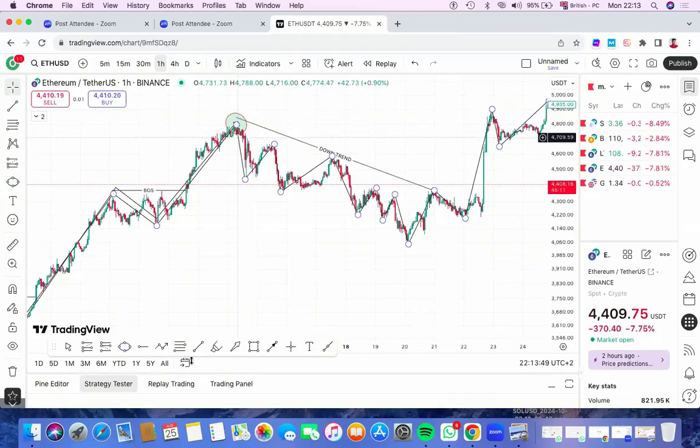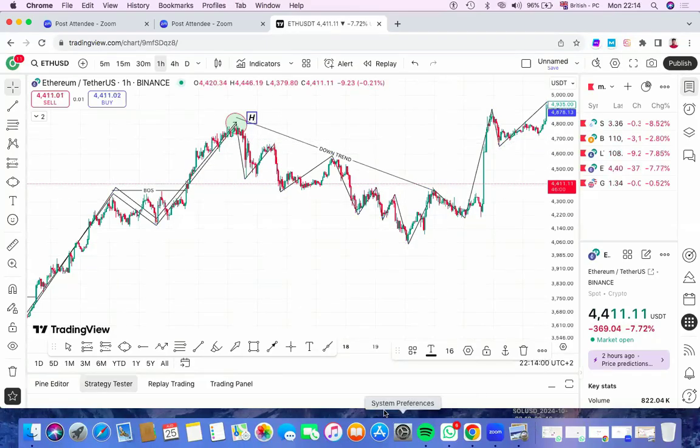If this is a high, what would this be? Can anybody type in the chat box or just answer? If this is a high, and this high here is lower, what would this be? Lower high. Oh, perfect. Yeah, George.